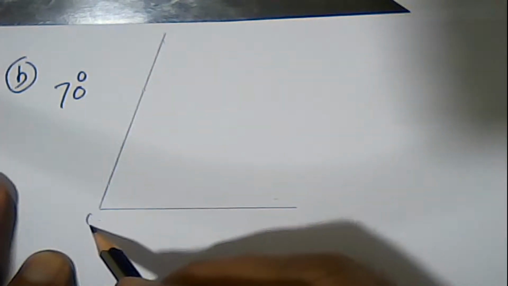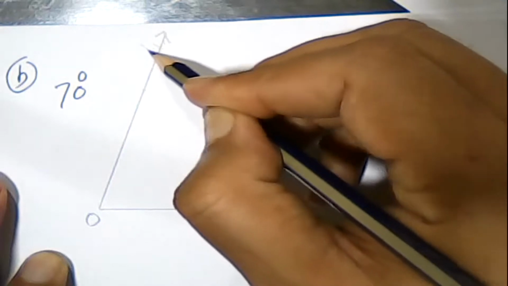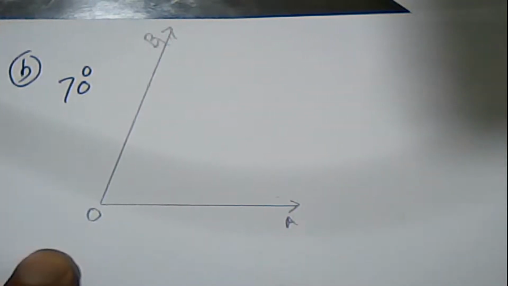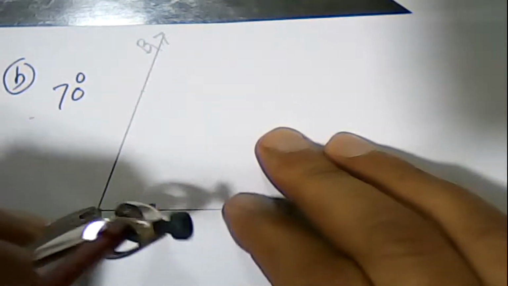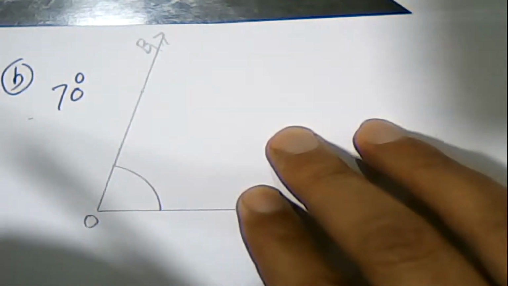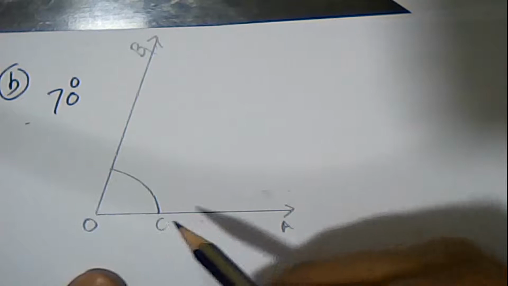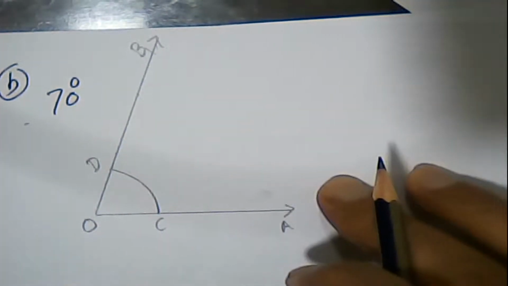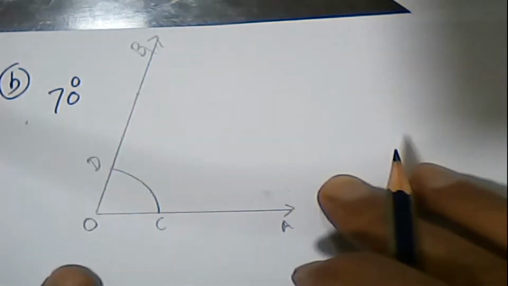Yes, this is 70 degrees, and the same O, A and B. Now with the help of a compass, draw an arc from point O. This arc will cut OA at a point C and OB at a point D.